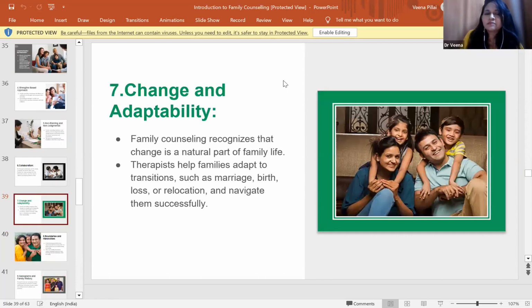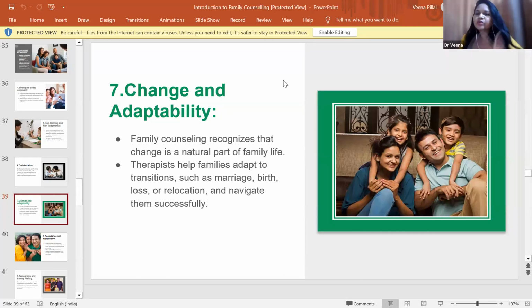And change and adaptability. When we talk about change and adaptability, family counseling recognizes that certain things are unexpected in the family, and the family doesn't know how to cope with that.